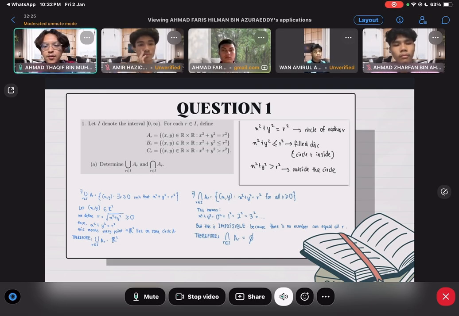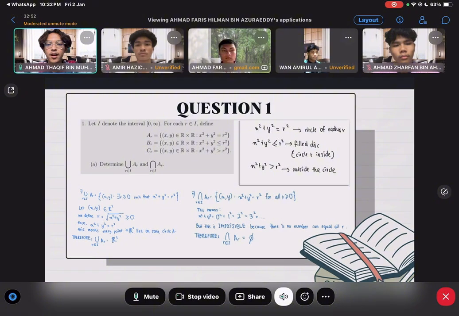We define r equal to the square root of x squared plus y squared, which is greater than or equal to 0. Then x squared plus y squared equals r squared. This means every point in R squared lies on some circle A_r. Therefore, the union of A_r equals R squared.